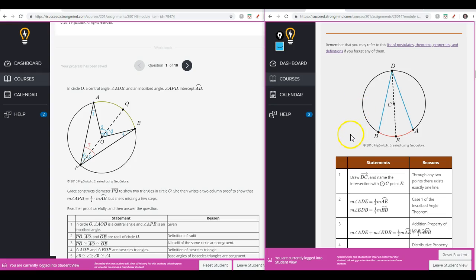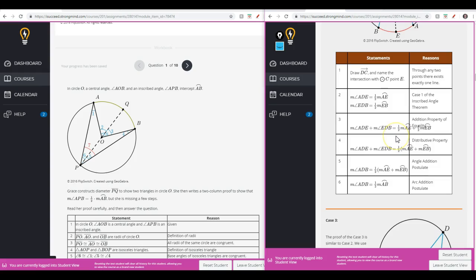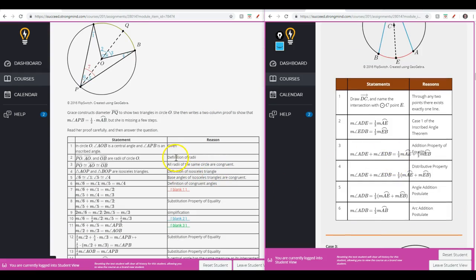Sorry, side note. So anyways, I'm noticing it lines up with this case, that there's the diameter through it. I'm not sure how much help this will be through here because this one is referring back to the case 1 of the inscribed angle theorem.